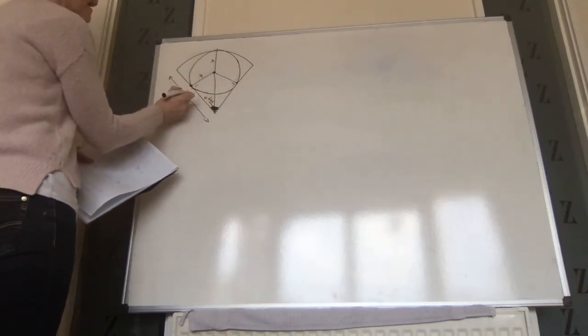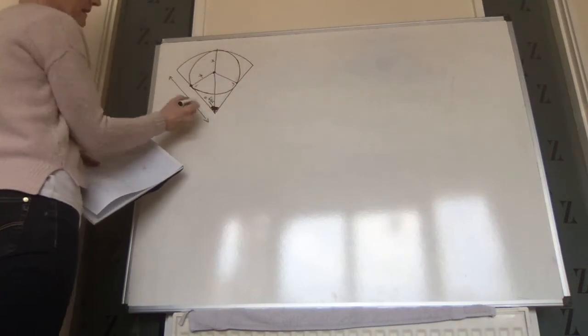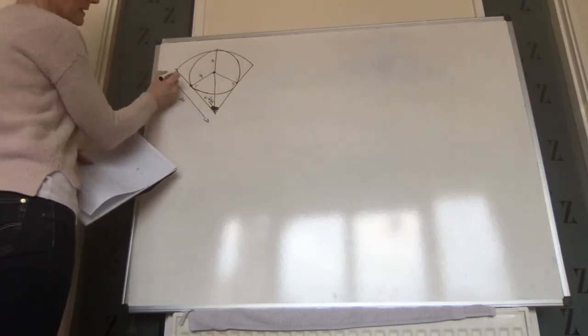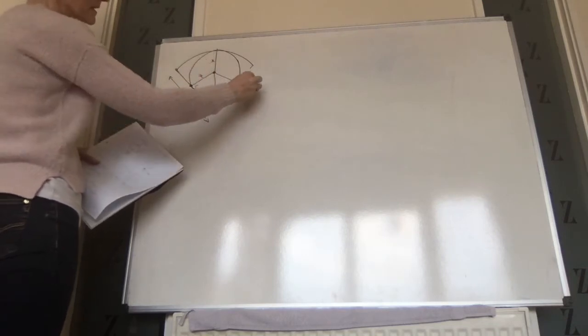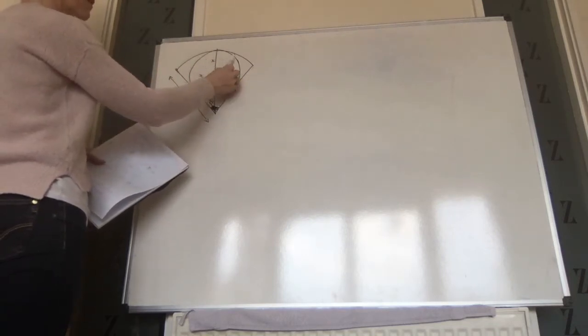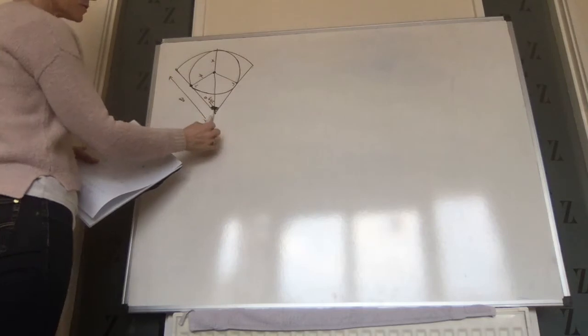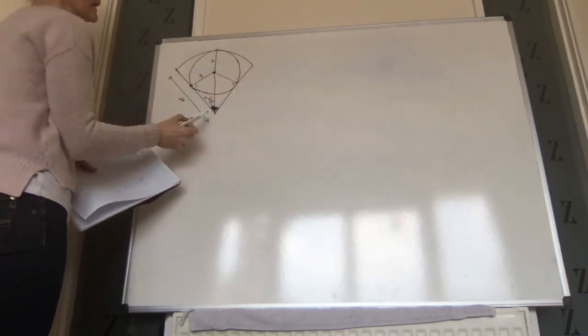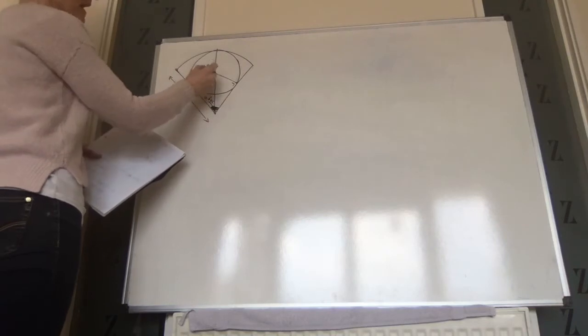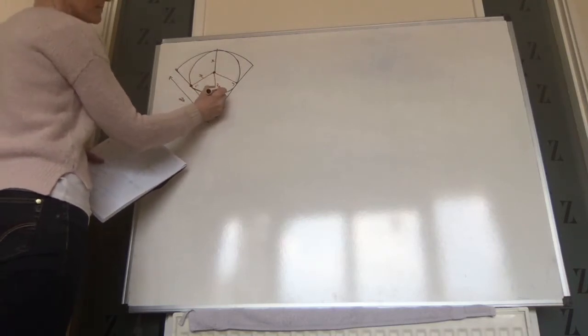And from here to here is 20. This is just an arc that's being swept out, so anywhere along this line is 20 from here because it's a radius of the larger circle. So if that's x, this is 20 minus x.